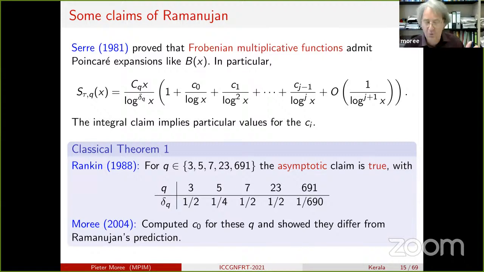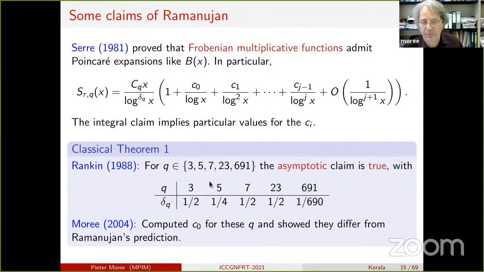But we know, in very great generality, that you can count the numbers of n up to x such that some prime q doesn't divide a Fourier coefficient, and that you will get something of this form. So in very large generality, we know that you get this type of asymptotics.